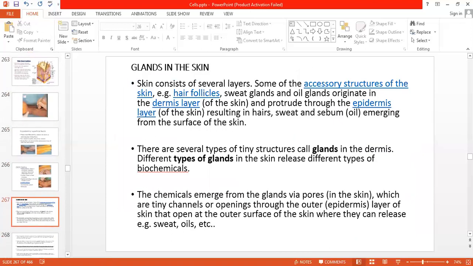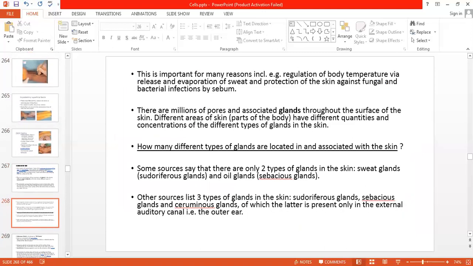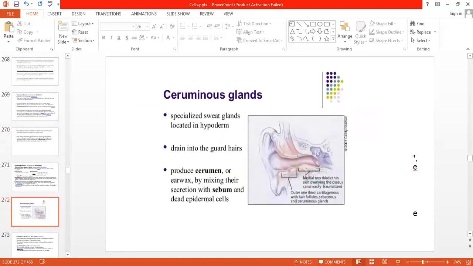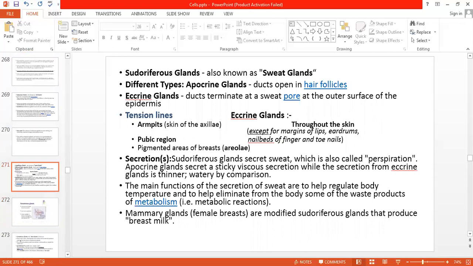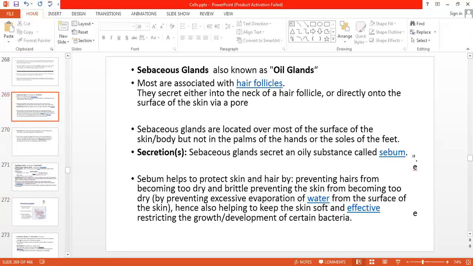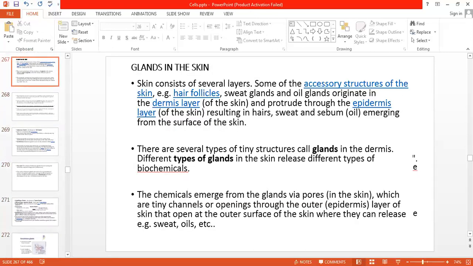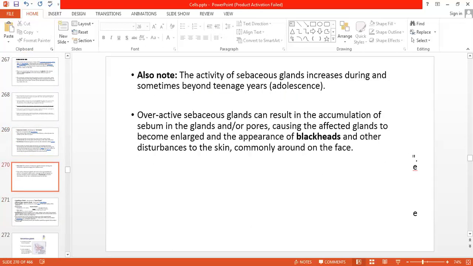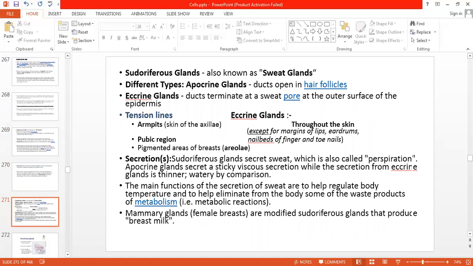Then we started the glands in the skin. There are three types of glands we have discussed. Number one is the sebaceous gland or oil gland. Number two, we have talked about sweat glands.